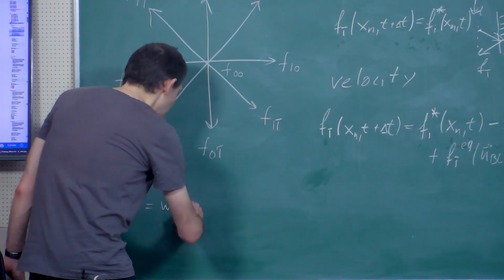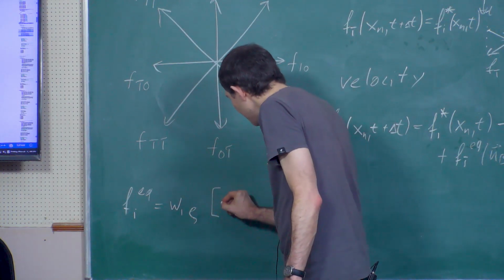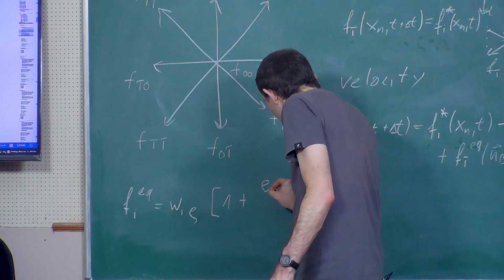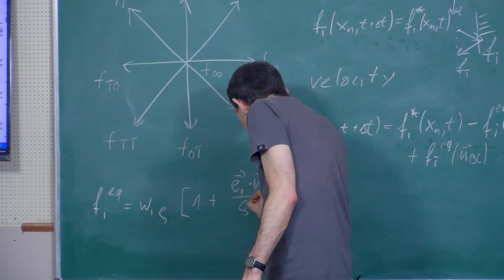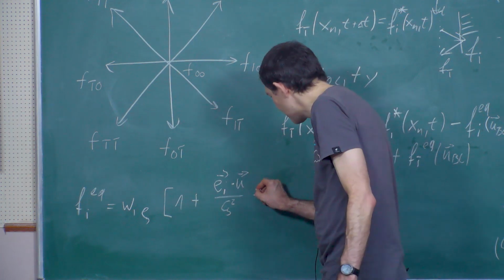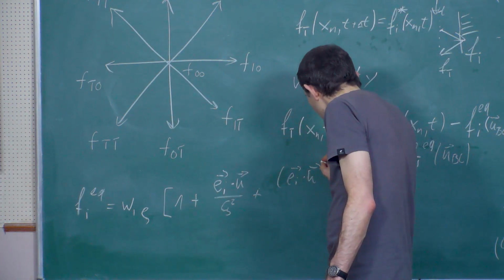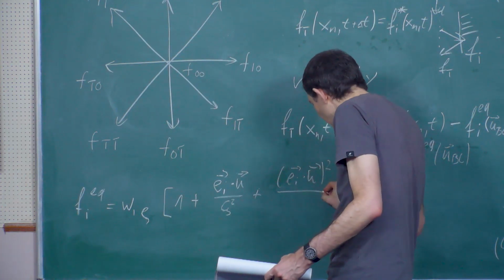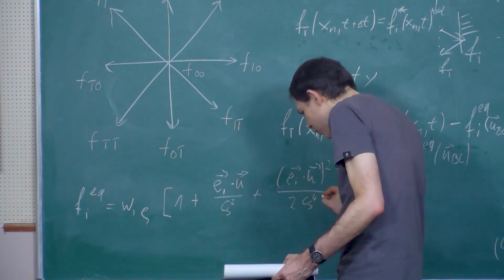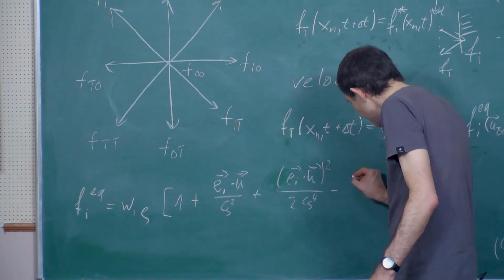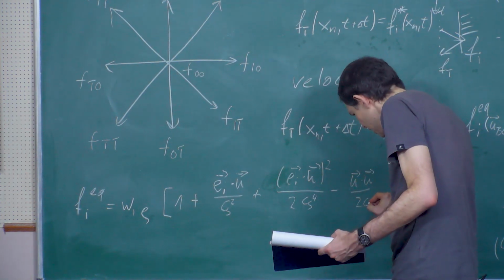There we have the weight w_i times the density, and then we have here 1 plus e_i scalar product with the velocity, divided by c_s squared, plus (e_i times u) squared, divided by 2 c_s to the power of 4, minus u times u divided by 2 c_s squared.